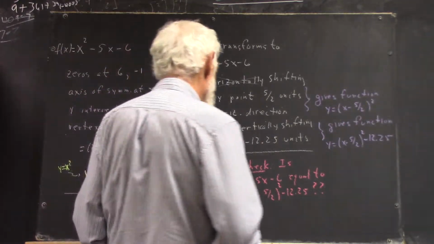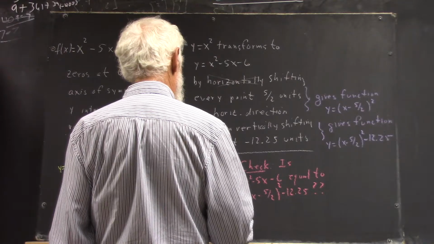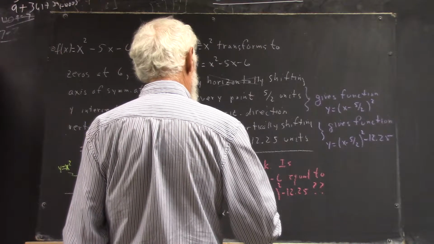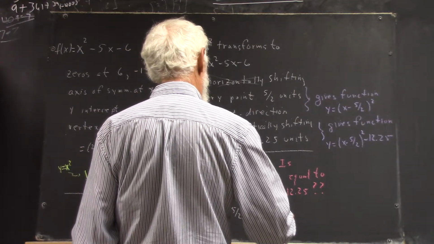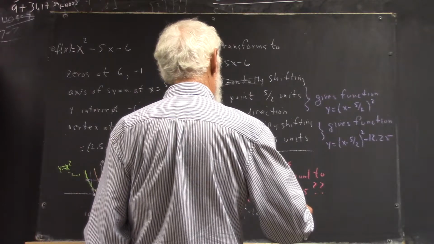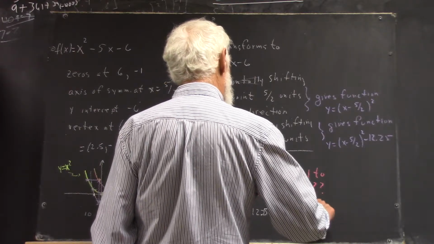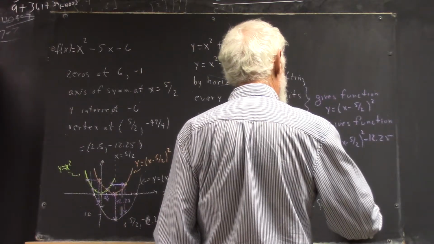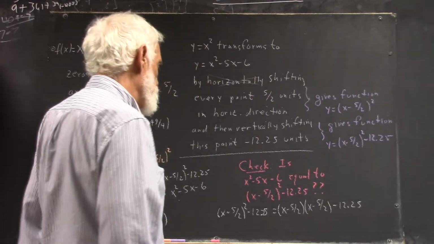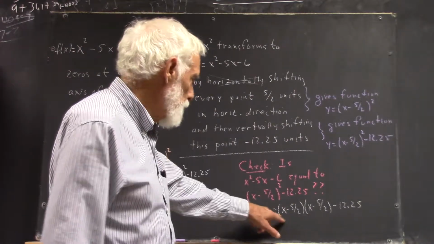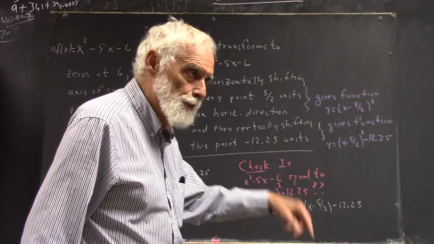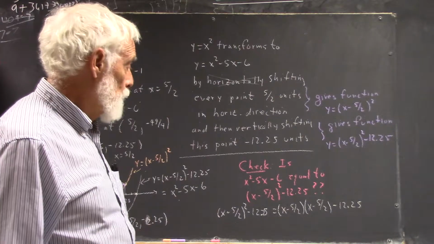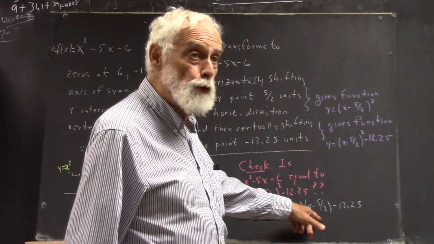Well, x minus 5/2 squared is x minus 5/2 times x minus 5/2. So we can write this expression as x minus 5/2 times x minus 5/2 minus 12.25. Okay? And then we can multiply this out using the distributive law.